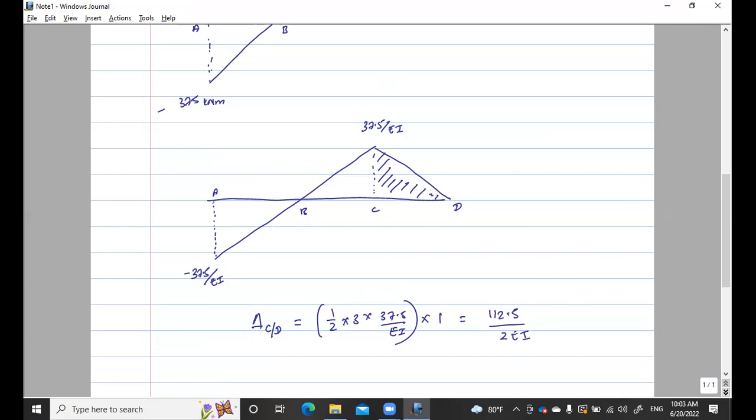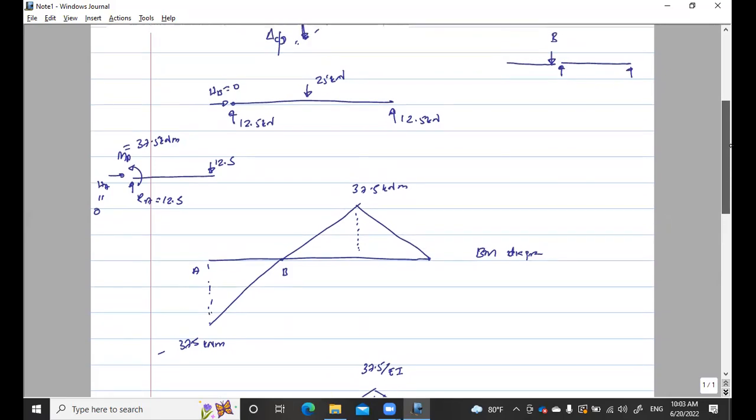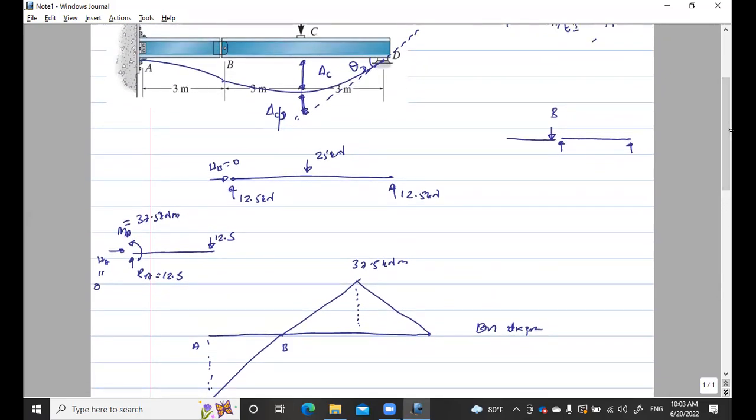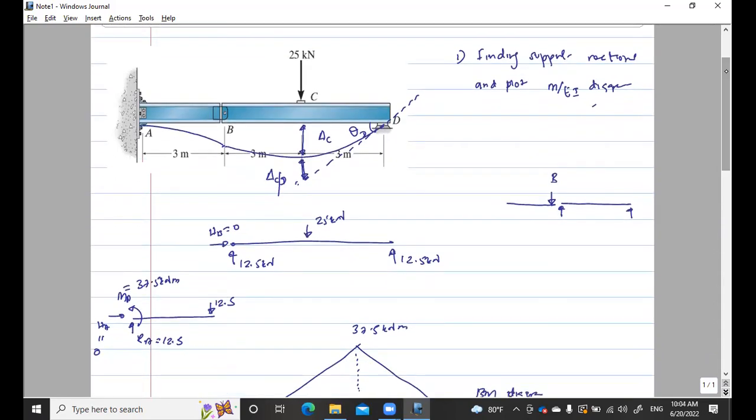So that is delta CD. Now we got delta CD, and if we get the angle theta D, we can get delta C.